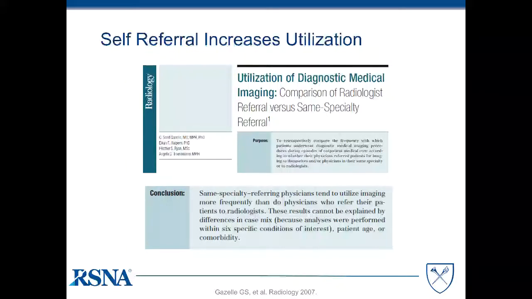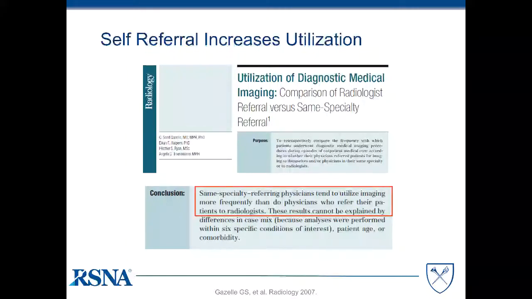But even in the era of cross-sectional imaging, Hillman's observations still ring true. Leveraging even bigger data sets over 25 years later, Dr. Scott Gazelle's team analyzed 526 million claims. That's over 500 million claims from a large national employer-based health plan from 1999 through 2003. And what did they find?